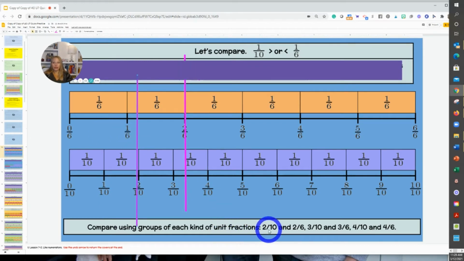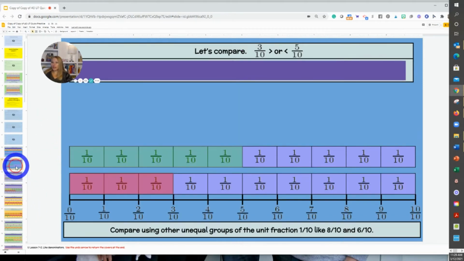Class, let's say it together. 2/10 is less than 2/6. What about 3/10 and 3/6? Okay, so you can give multiple groups here so they can see that we're getting more of those unit fractions, but the same comparison stays true. So that's for the blue, that first blue slide, and then it's 3/10 is greater or less than 5/10.